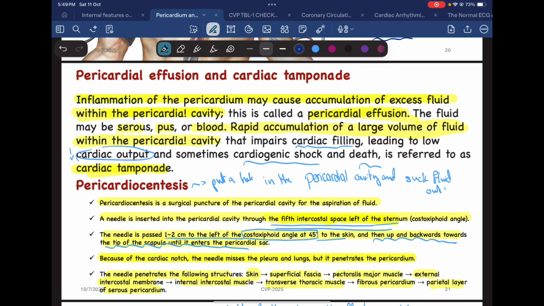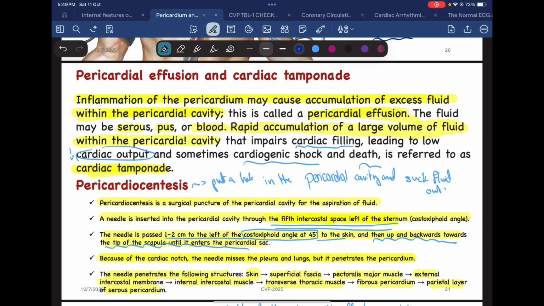So look at the sternum, you go towards the left of it, and then towards the fifth intercostal space. You pass the needle 1 to 2 centimeters to the left of it at an angle of 45 degrees to the skin. Then you go up and backwards. While the needle is inside, you push it up, then backwards. The tip is gonna enter the pericardial sac, until you feel that it enters the pericardial sac. Then you get the fluid out.